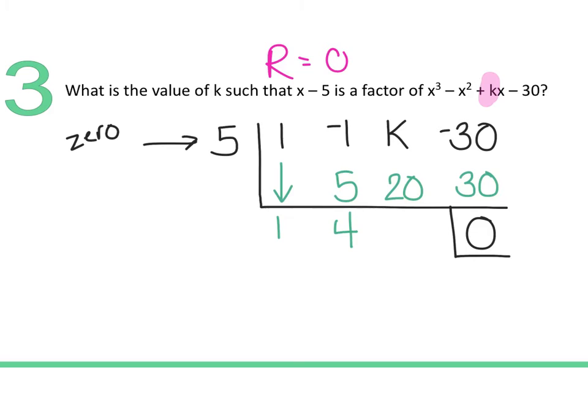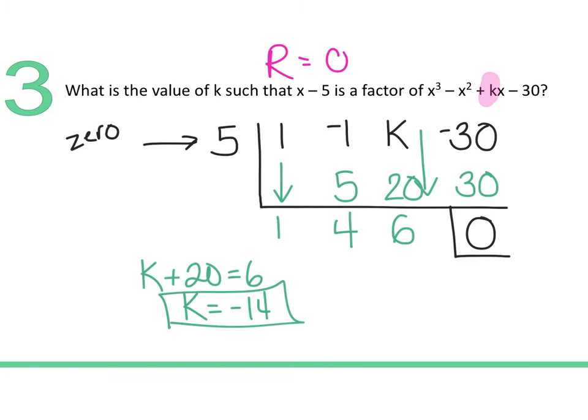Well, what is that something? It would have to be 6. Okay, so one more thought process here is going to get us the value of k. Normally, I would add k plus 20 to get 6. Well, what would k have to be if k plus 20 is equal to 6? That would be negative 14 would be my unknown value.